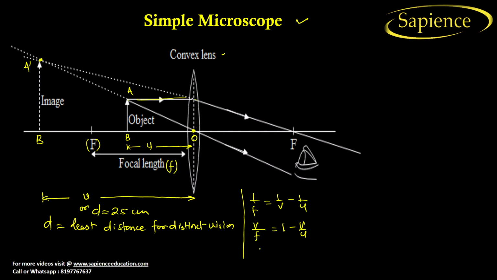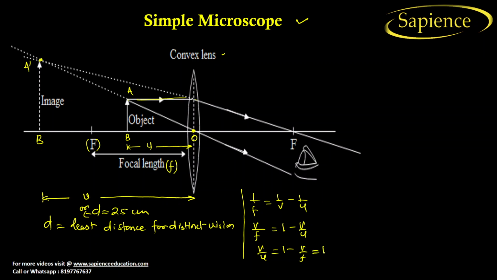So from here we can write v by u is equal to 1 minus v by f. Now if we put this value of distance, since it is a negative distance, we will consider it as negative.